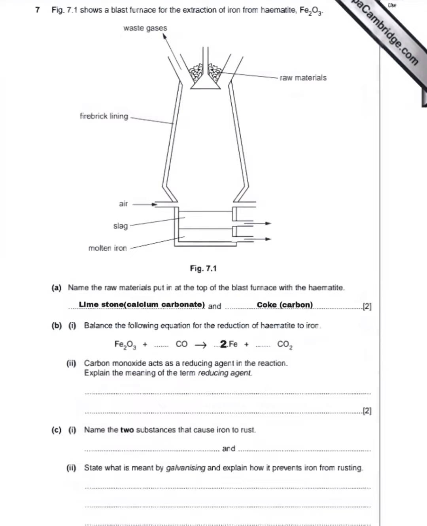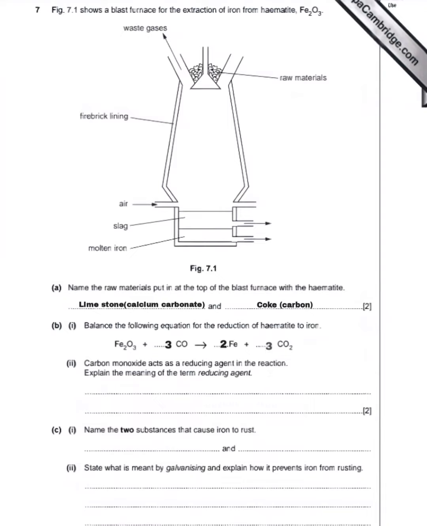Apart from that, if I put 3 on the carbon monoxide, 3 is going to affect carbon and also oxygen. So on the reactants, I'm going to have 3 atoms of carbon. Now, what about the products? We are just having 1 of carbon, which means even here I need to put 3 so that it is balanced.